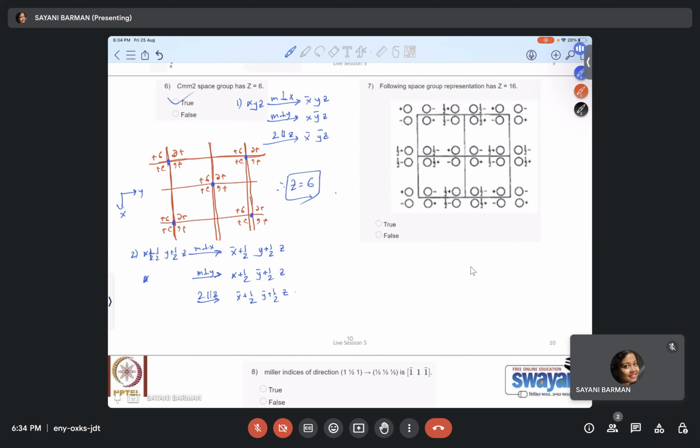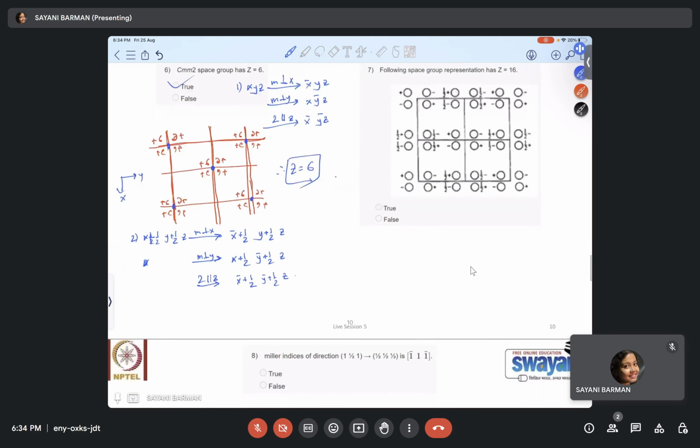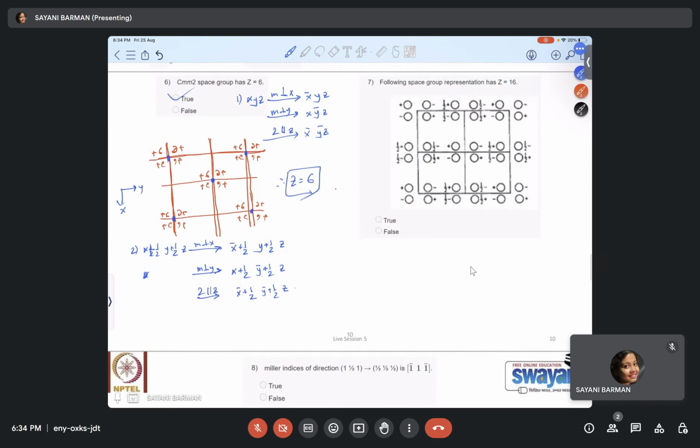Now the next one is the following space group representation has Z equals 16. See, you can see from here, this is a C-centered lattice. Okay. And how many are there? We'll count inside the unit cell only. So it will be 1, 2, 3, 4.